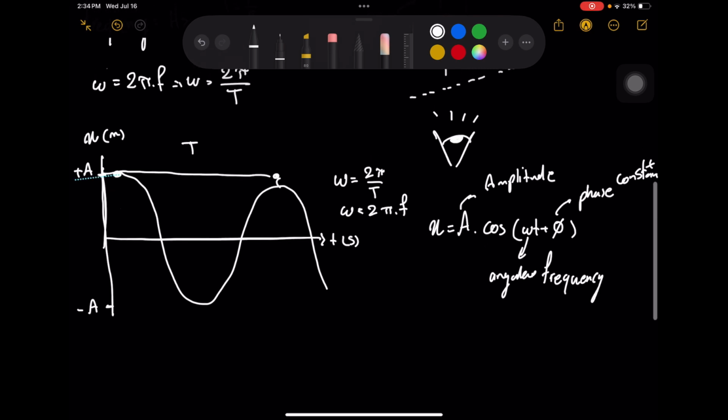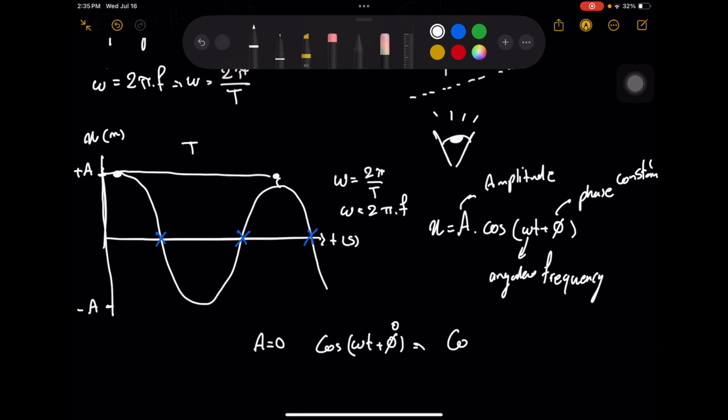For example, we said x is the displacement from the equilibrium position, which are the points here. This is our equilibrium position, this is our equilibrium position. When are we at the equilibrium position? When x is 0, right? So to get 0, the cosine of omega t plus the phase difference, in this case the phase difference is 0, so we do not consider it.